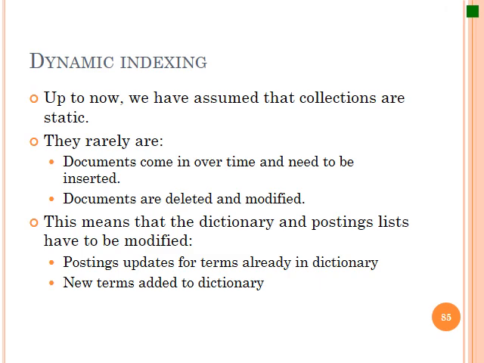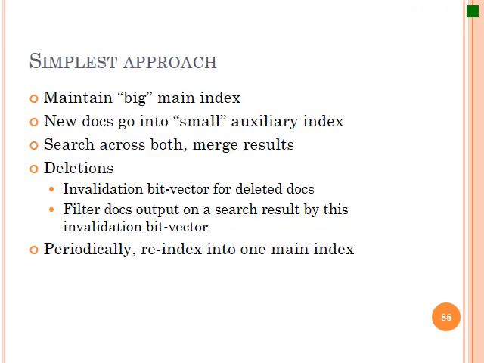When a new term comes in, you may need to add new terms to the dictionary, and the postings may need to be adjusted for terms that are already in the dictionary. Suppose a new document comes in and all the terms have been seen before, so all the terms are already in the dictionary. But because of the existence of this new document ID, you need to insert this document ID into the various posting lists.